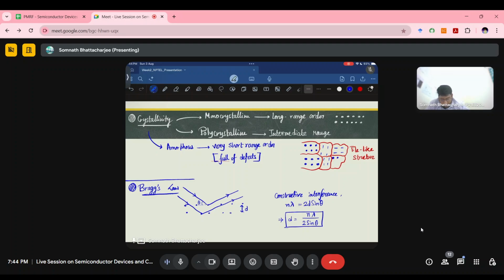So this is Bragg's law, where lambda is the wavelength and theta is the grazing angle. And this was a high energy electron beam from a source like, let's say, an electron gun or something like that.